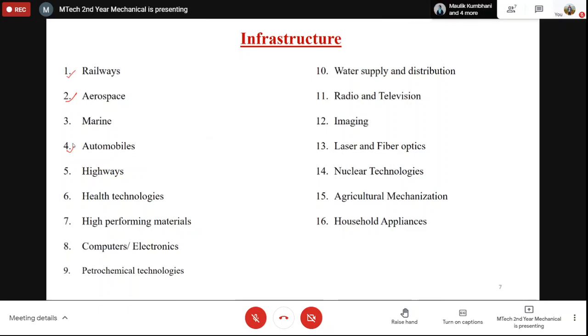Even in computers and electronics, you have to join or solder the various parts of the circuitry. Various wires and connections are there. Petrochemical technologies, water supply and distribution, agricultural fields, radio and television, even household applications. So you can see that almost everywhere we need some type of joining or some type of machining.